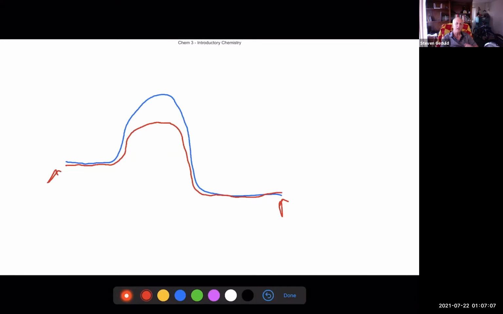So more collisions will have the energy for the reaction to occur, and the reaction is going to occur at a faster rate. It doesn't change the energy of the products and the reactants, but it occurs at a faster rate, and it is not used up in the reaction. That's the two things of a catalyst. It allows the reaction to occur at a faster rate, and it is not used up. It's available for the reaction to keep going again.